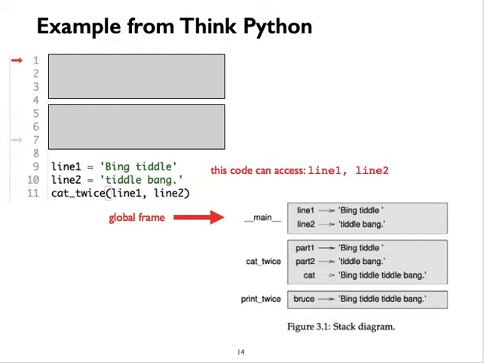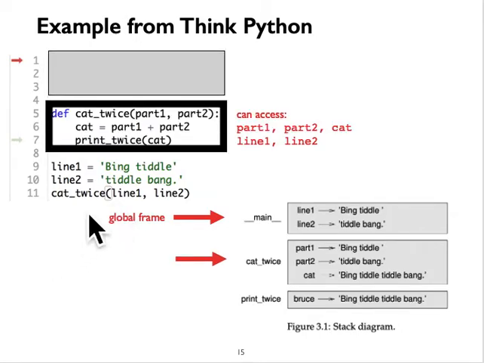So really this program starts running where line 1 gets bing tiddle, line 2 gets tiddle bang. Those variables are stored in the global frame, and main is another name for the global frame. Anywhere in this part of our code, this code can access the variables that are in the global frame. It cannot access the variables in these functions, which is why I cover them up.